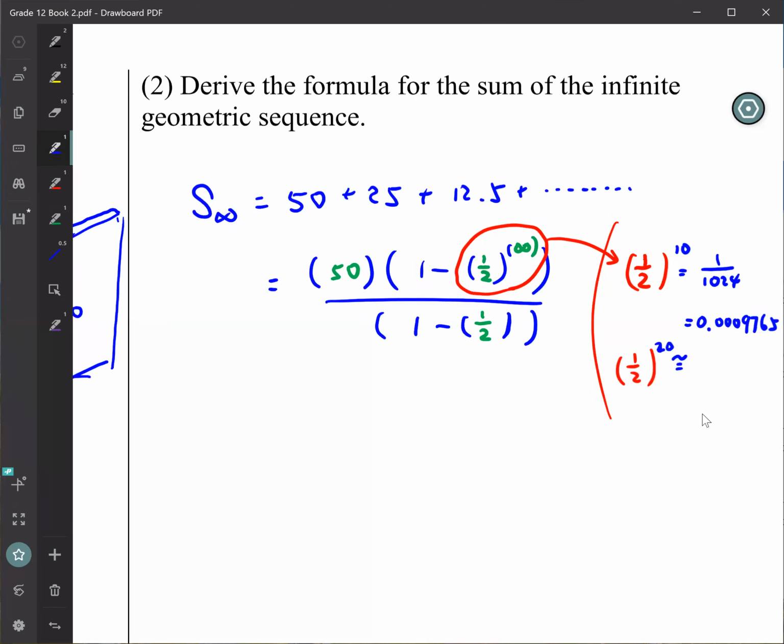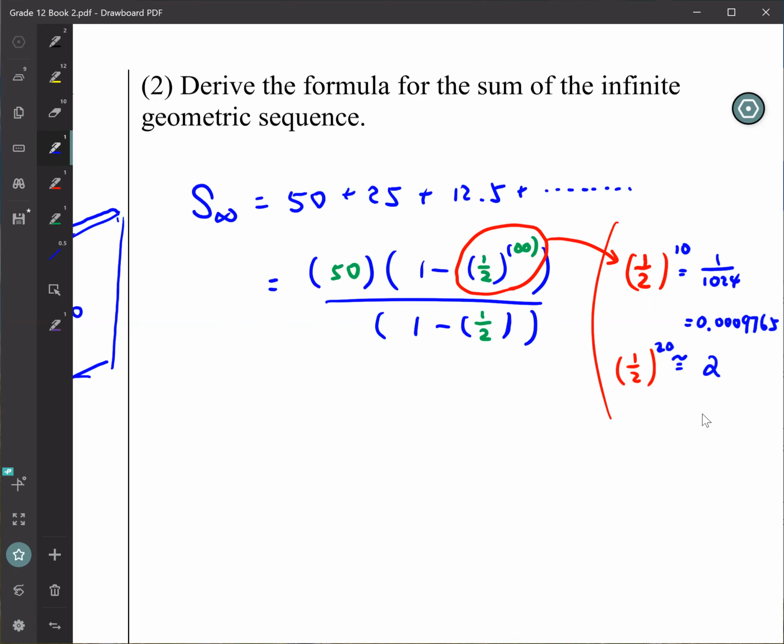Is it a big number? No. Is it a small number? Yes. So it's a number that's close to what? Close to 2, so almost 2.